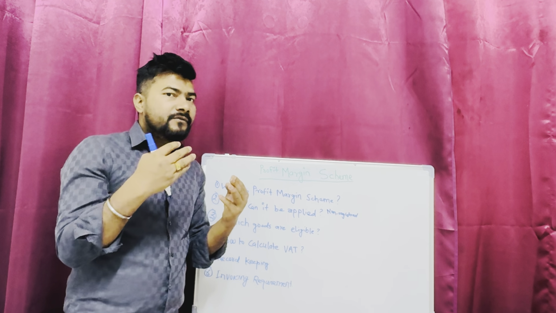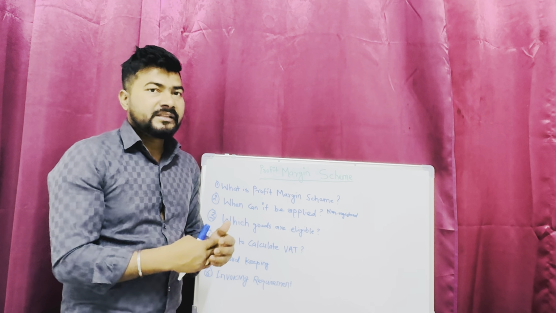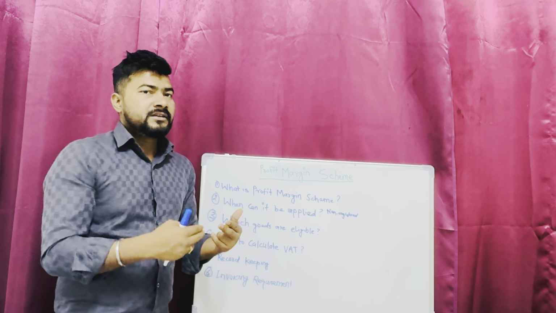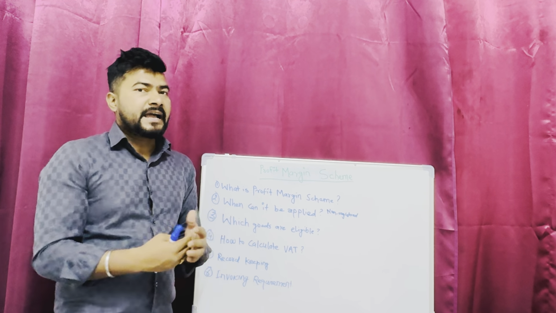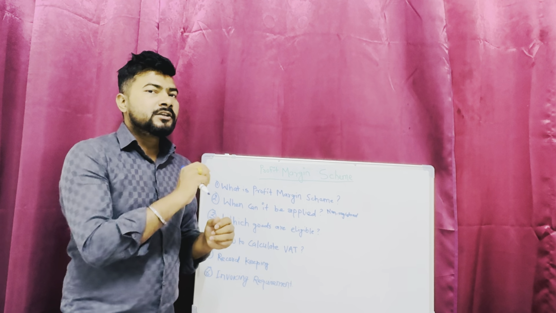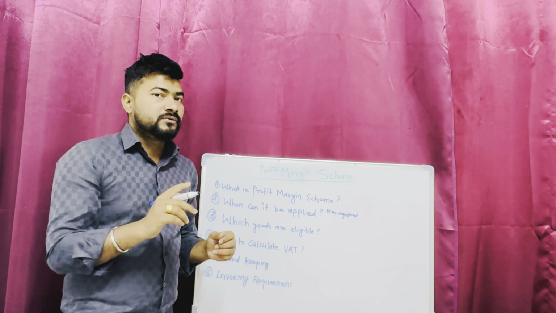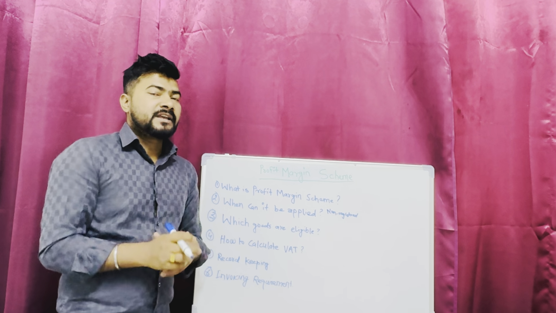If you have the documentary proof, you can apply. But if you cannot prove any of these conditions to the Federal Tax Authority, you have to calculate VAT on the full sales value. That means the profit margin scheme cannot be applied.